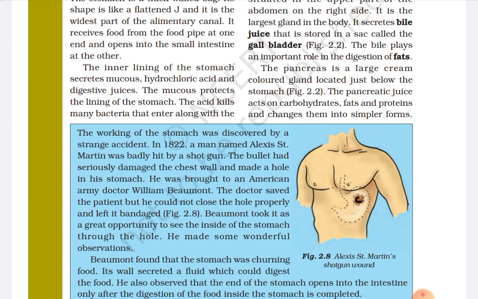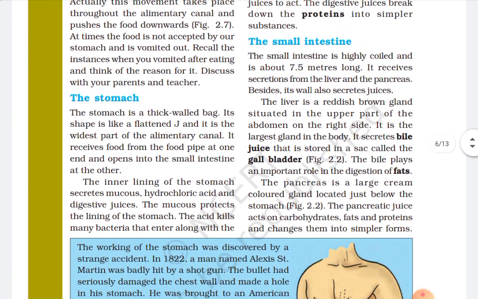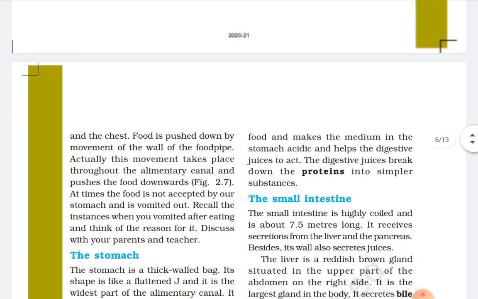The mucus protects the lining of the stomach. The acid kills many bacteria that enter along with the food, and makes the medium in the stomach acidic and helps the digestive juice to act.